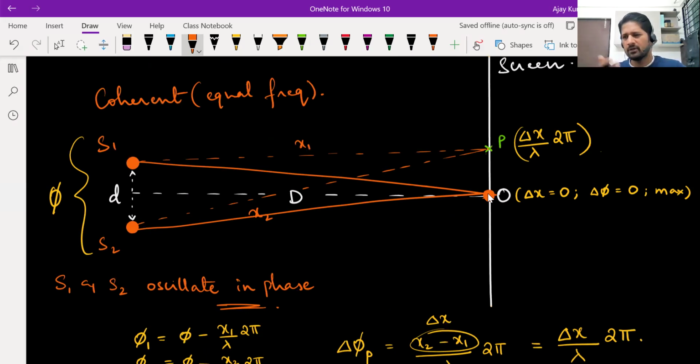For point P, there will be some non-zero value of x1 minus x2. For point Q, which is above point P, the difference x1 minus x2 or x2 minus x1 will be much greater. So as you go away from the point O, that value will keep increasing. I'm asking you what maximum value can it increase to?